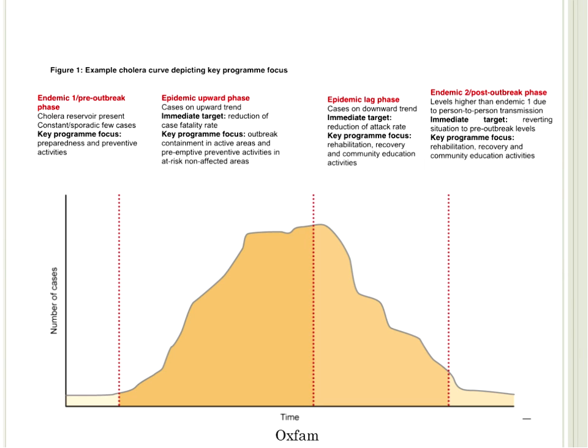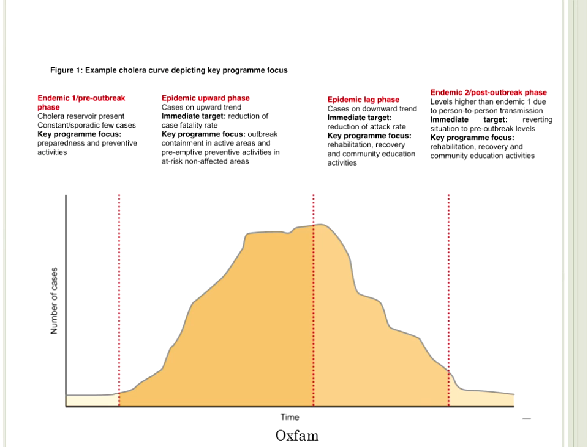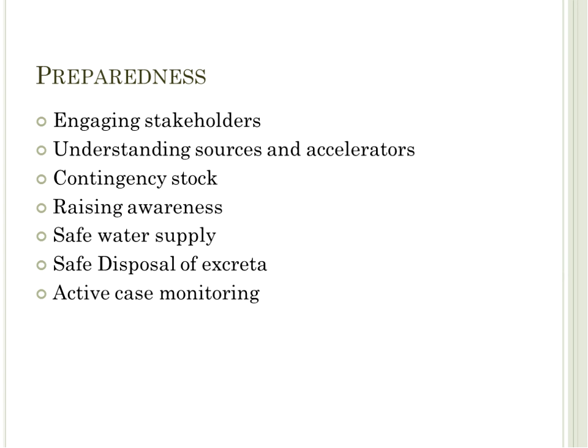At the beginning of the epidemic phase, the number of cases goes up exponentially, that's the epidemic upward phase, and you have a little lag, and finally you have the post-outbreak phase. So during the pre-phase, going back, it's looking at the endemic pre-outbreak phase.